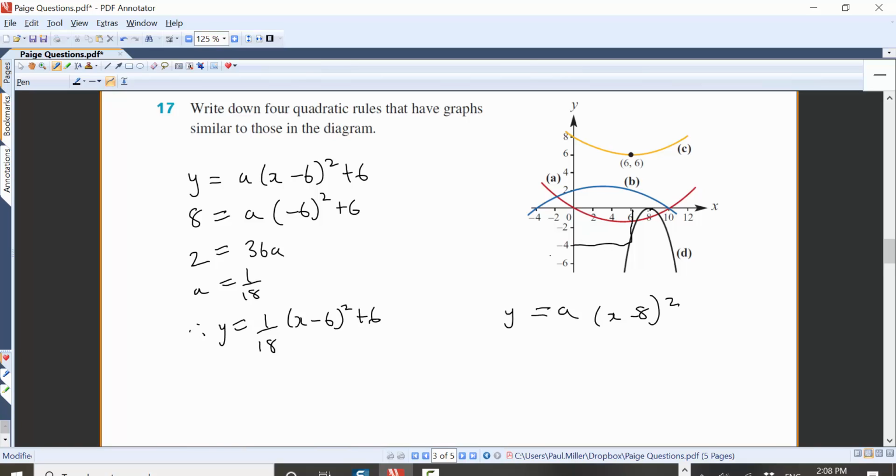That might be a big stretch to presume that's the case, but let's just do it. Again, questions should be written a little bit better. -4 = a(-2)^2, so -4 = 4a, a = -1. Therefore, my function could be y = -(x - 8)^2.